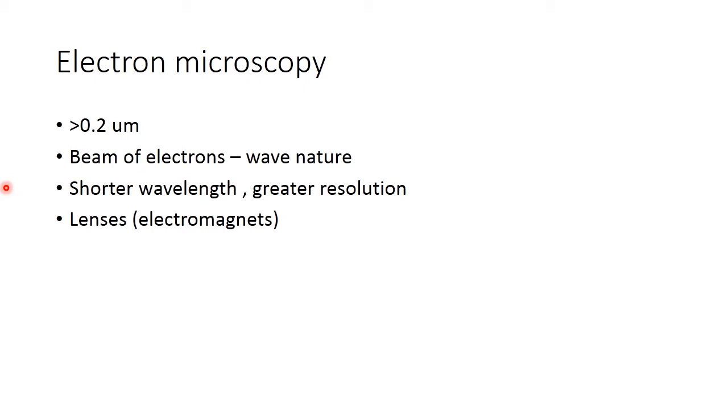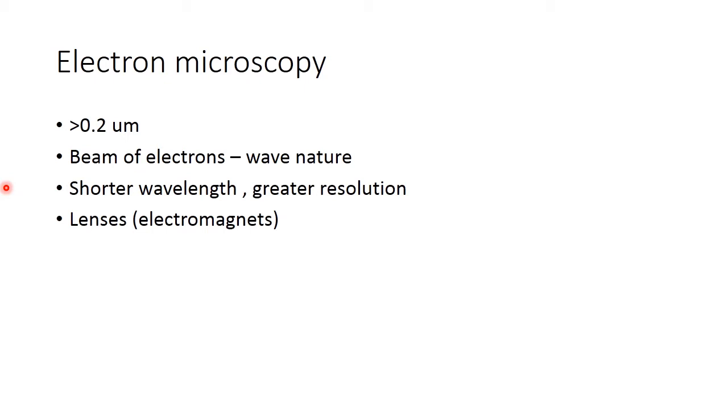So the lenses which are used in electron microscopy actually are electromagnets. By varying the intensity of the electromagnetic field, we can focus the beam of electrons onto the specimen, analogous to the manner in which we focus light onto the specimen by using glass lenses. So in electron microscopy, the lenses are actually electromagnets.